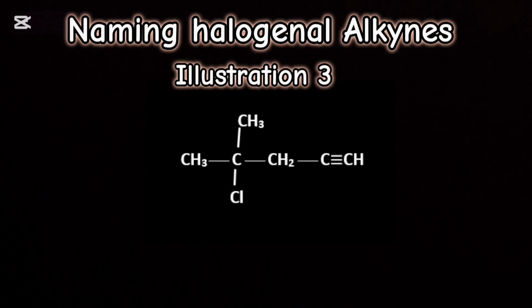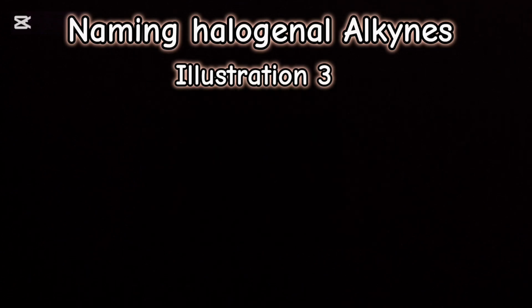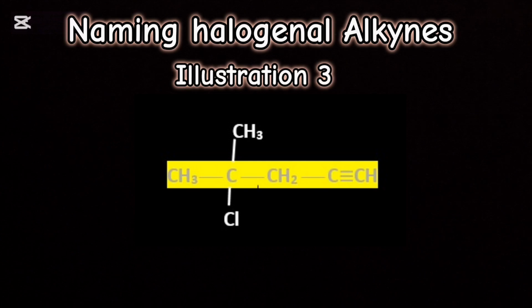Guideline number 1 is that we determine the parent chain on observing the compound. The longest carbon chain in the compound that bears the carbon-carbon triple bond is the yellow highlighted carbon chain.